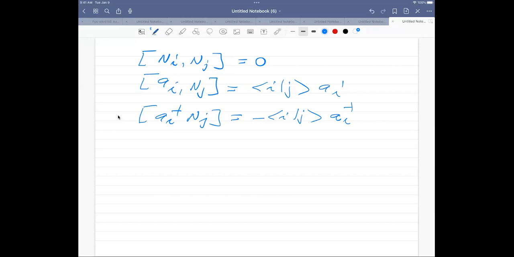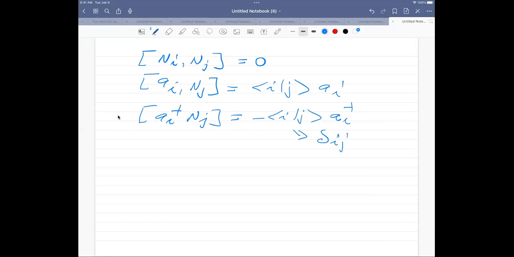That's the only case which can lead to something different from 0. So this overlap here is, in most applications which we're looking at, given by the Kronecker delta. I just invite you to take a look at these relations, and we are going to use this a little bit later.